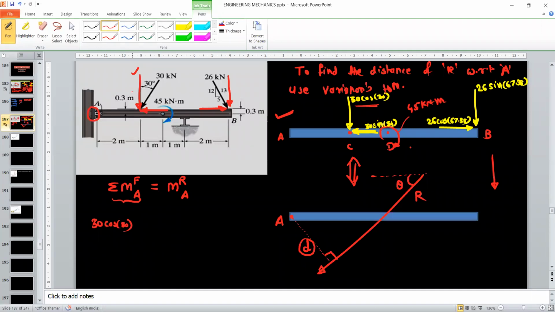For the moment, always observe the perpendicular distance. The meaning of perpendicular distance is from point A, if you draw one line up to this point, which is the point C, then that line must be perpendicular to the line of action of the force. So this is called the perpendicular distance. This perpendicular distance is given directly as 2 meters.